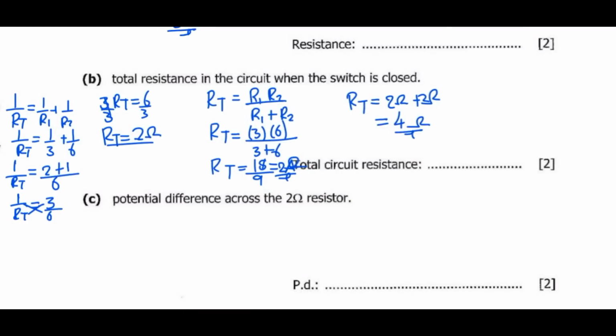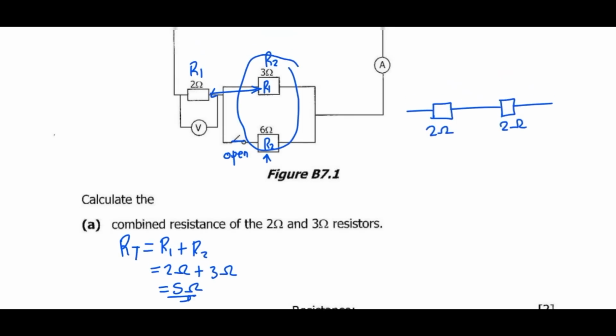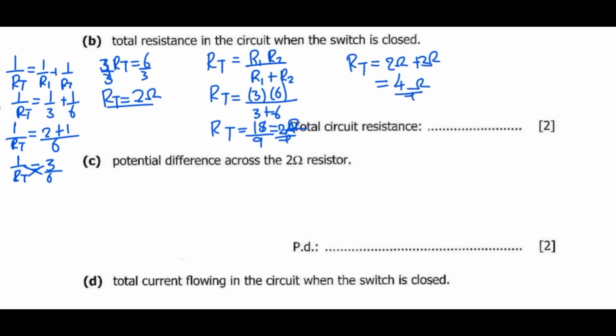Then the potential difference across the two resistors. Now for this one, we don't know if the switch is closed or open, but since they have not mentioned, let's just say the switch is open. If the switch is open, we know that the remainder of these two is in series, and we've calculated the total for that. Let's first find the current.